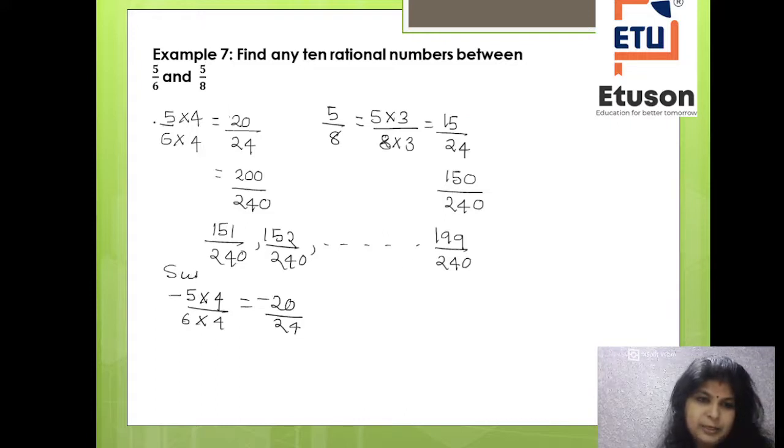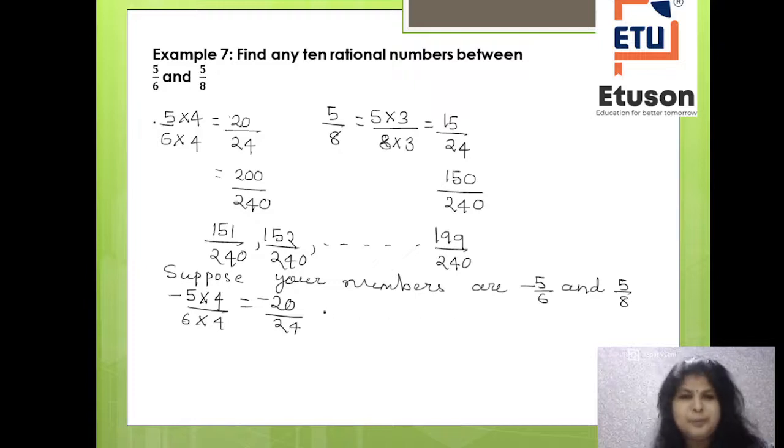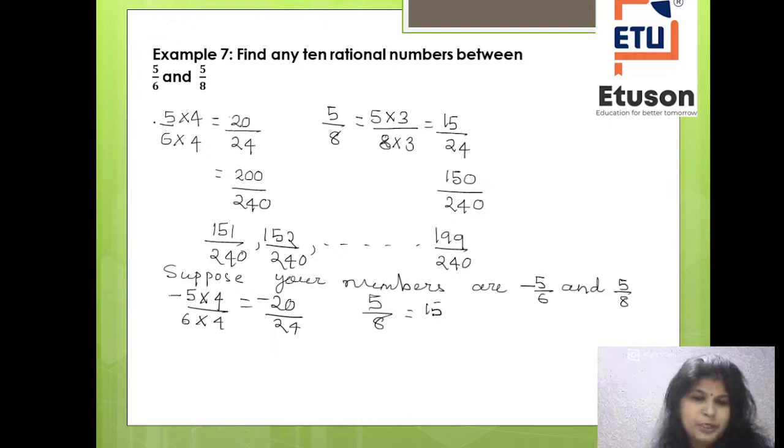For the clarification, in the previous case I have considered plus, okay. Now the numbers are minus 5 by 6 and 5 by 8, because I have a doubt that this is minus 5 by 6, so I'm just solving for minus 5 by 6. Procedure is same, okay. So minus 5 into 4 divided by 6 into 4, so this becomes minus 20 by 24, and 5 by 8 is equal to 15 divided by 24.